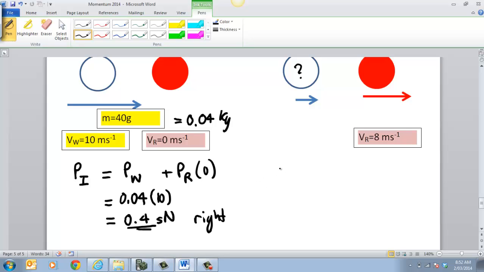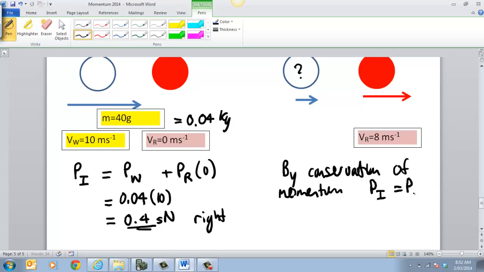Now, we need to say by conservation of momentum that P initial is equal to P final.